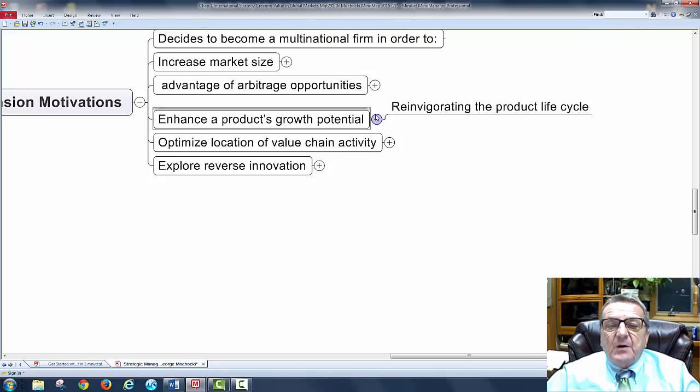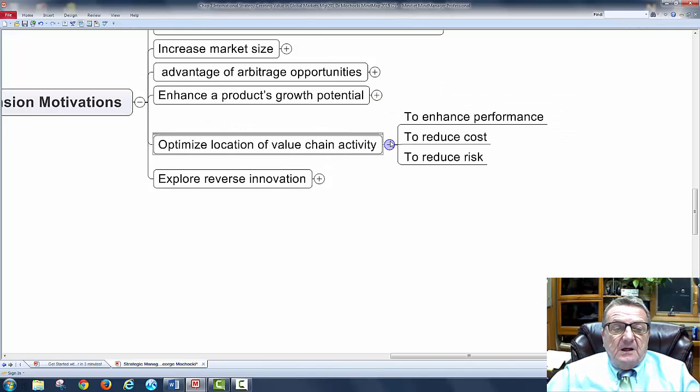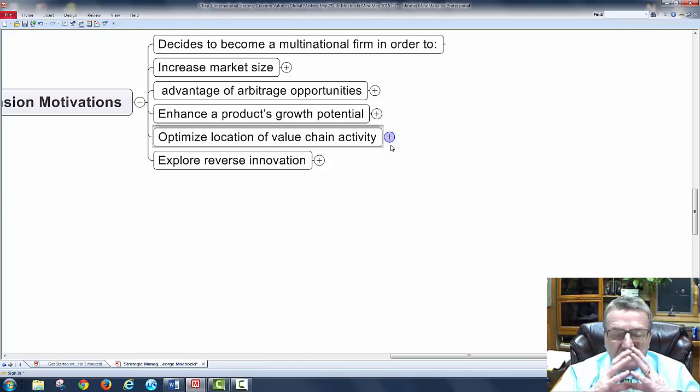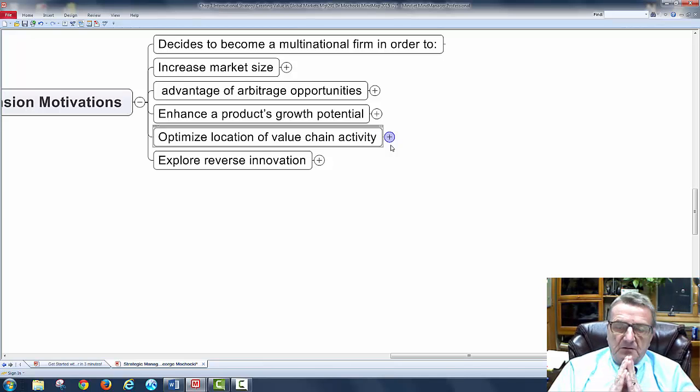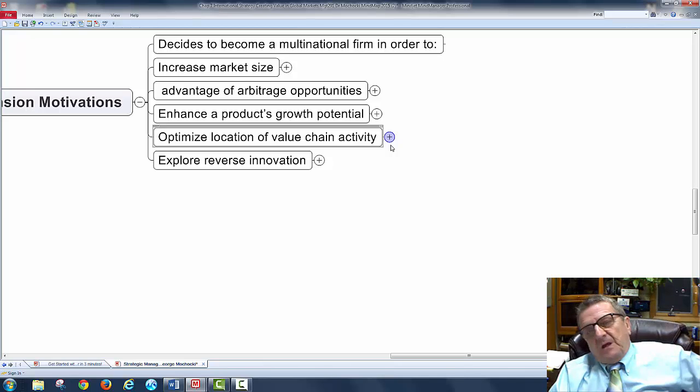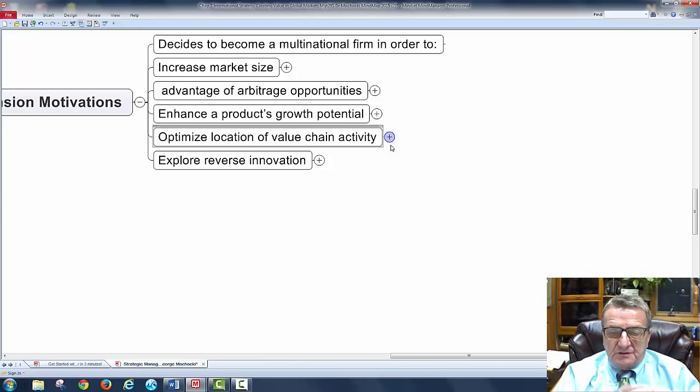Okay, enhanced product growth, reinvigorating the product life cycle. Optimize location of the value chain to enhance performance, reduce the cost, and reduce the risk. That's all they're basically saying. I do a series on logistics distribution, and it's the distribution chain of how everything comes. Why does Walmart keep their costs down? Because they control the whole value distribution chain.